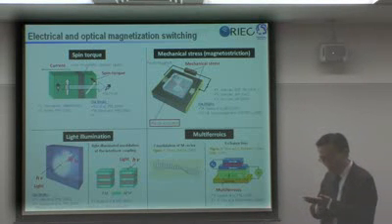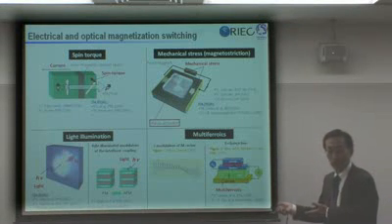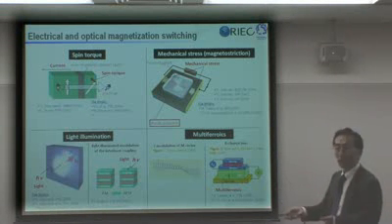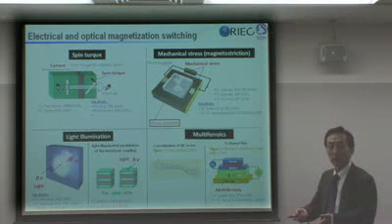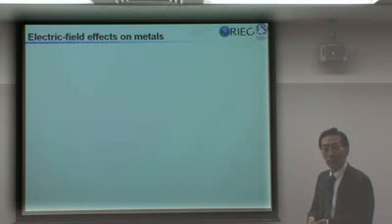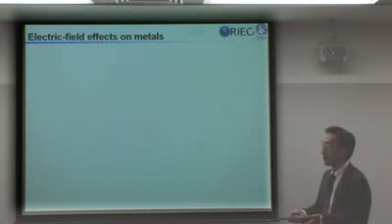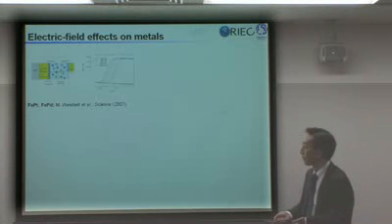You might think that this is a low temperature measurement. We are using gallium manganese arsenide. So what about room temperature? What about other, let's say, ordinary materials? It's surprising to see that people are finding electric field effects in ordinary metals as well.